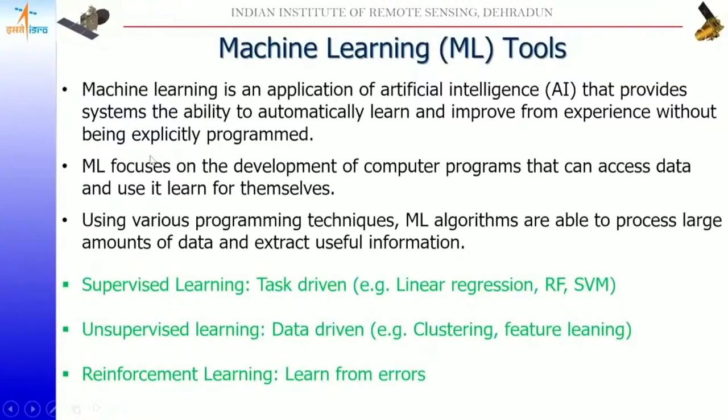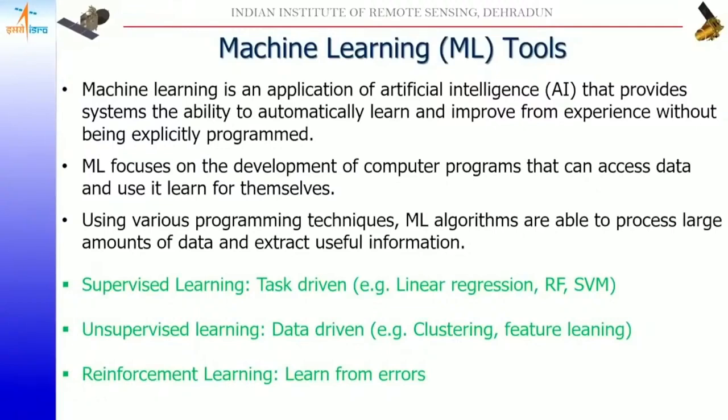Once you feed the data to the model or the system, it automatically calculates and learns from the analysis. So machine learning basically focuses on the development of computer programs that can assess data and use it to learn for themselves.